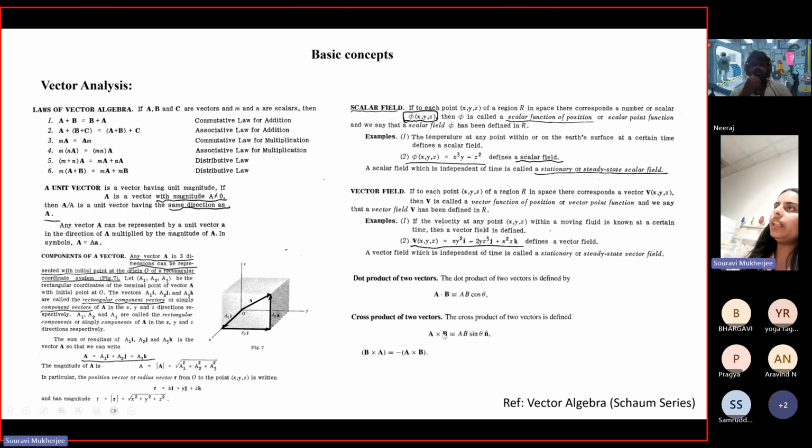Now, talking about fields. There can be different kinds of fields. You can break it into two major types. One is a scalar field. What we mean by that is a field where the quantity only has magnitude.